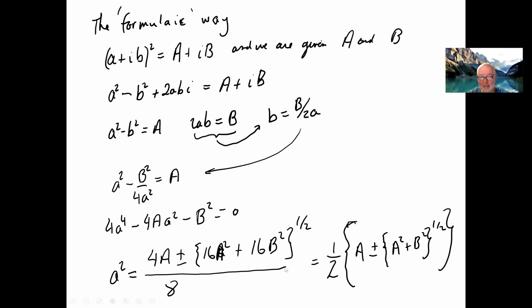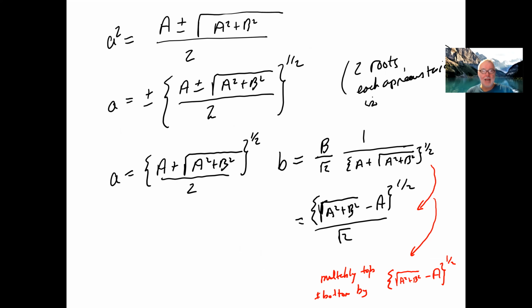And when I do that, I get this expression here, which I can simplify to 1/2 of capital A plus or minus the square root of capital A squared plus capital B squared, with that capital A squared plus capital B squared raised to the power 1/2. So that's a squared. And then a is equal to plus or minus the square root of that expression, right?